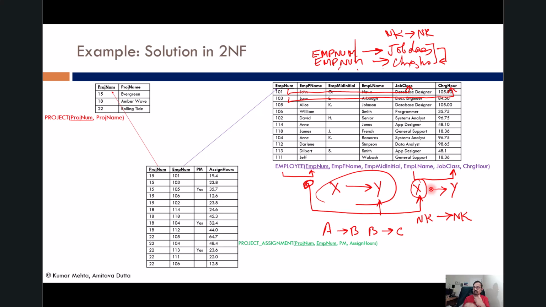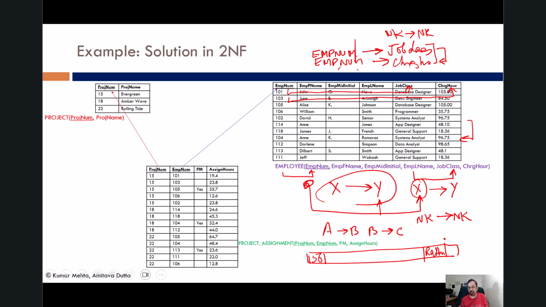Now think of the reverse situation. Suppose I have one employee who has a very special skill. Let me pick up the pen here. So let's say somewhere in this table, I have a record that looks like this. Okay, I have an employee, let's say 156, and this employee is a requirements analyst.